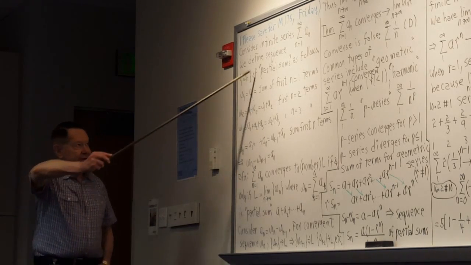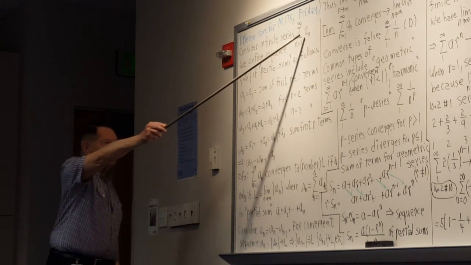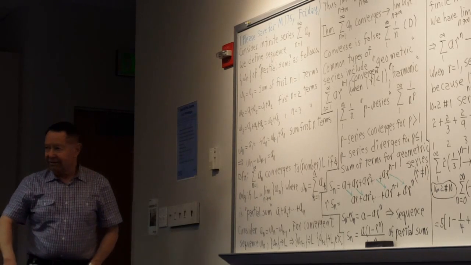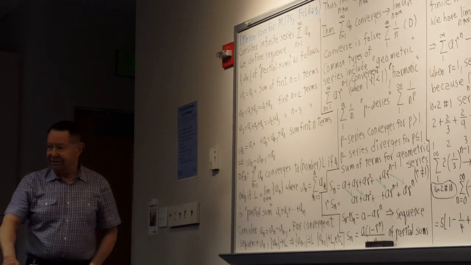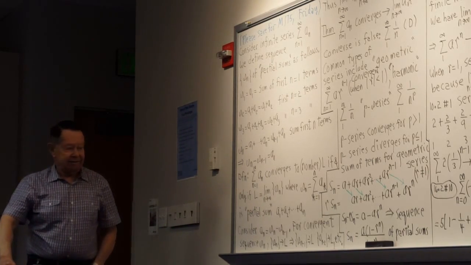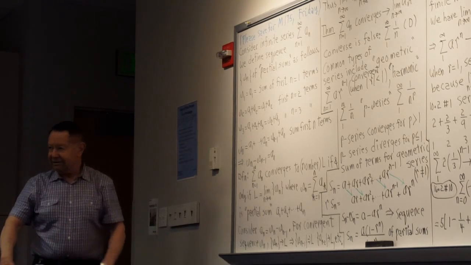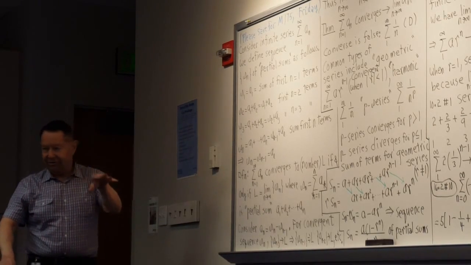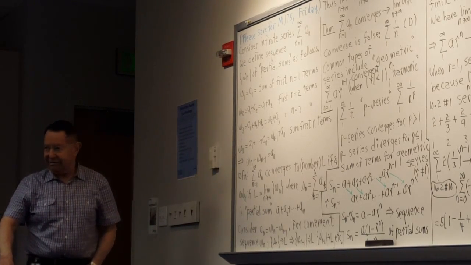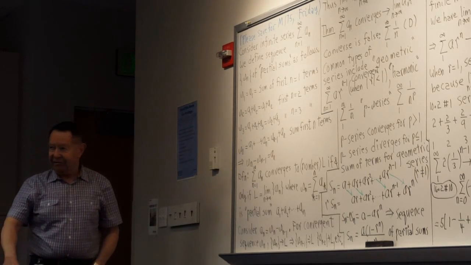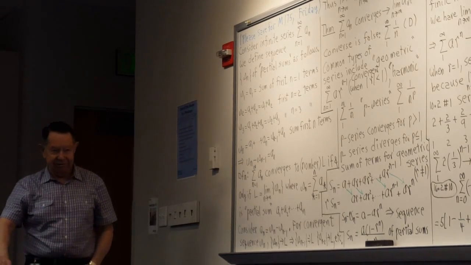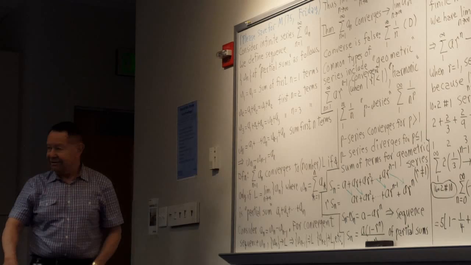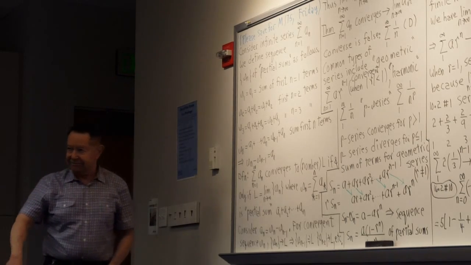If you're thinking of these as positive term series, which is what we're thinking of in chapter 10, then adding up positive numbers, either there's a horizontal asymptote type of graph, or else it's a graph like the square root of x over there that just keeps climbing.